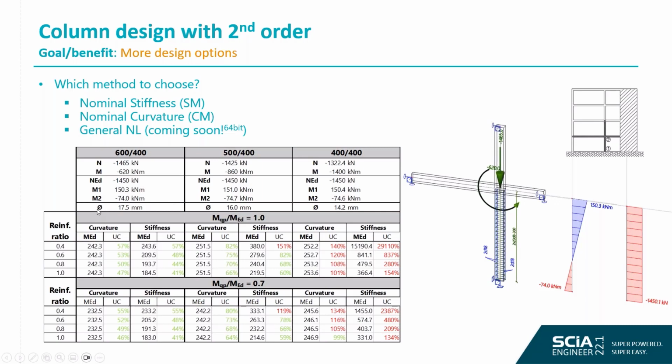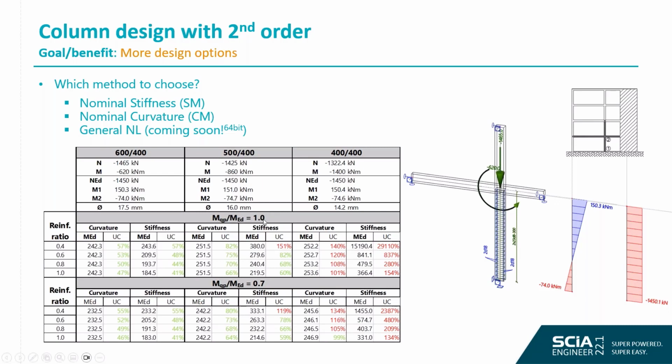And to be able to simply change the reinforcement, we just use the same number of bars, but with different diameter. And of course, we will look a little bit at the effect of effective creep.